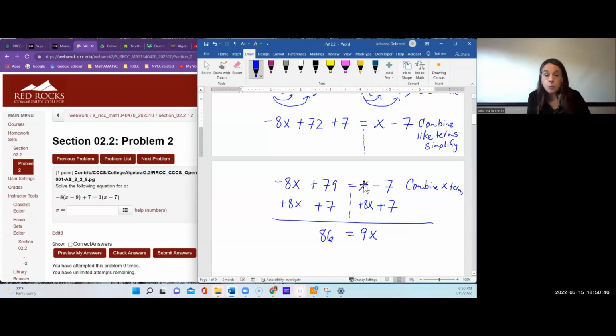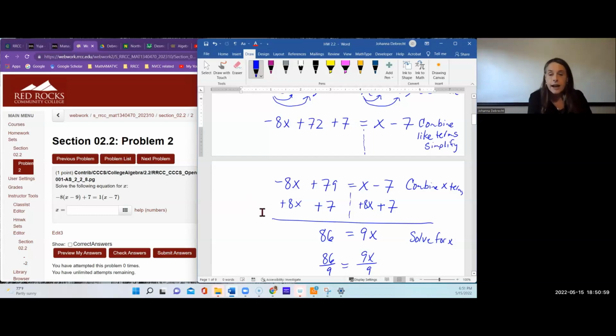This is x, 1x, plus 8x, which is 9x's. Now we need to solve for the x variable itself. And we do that by dividing both sides of the equation by 9.